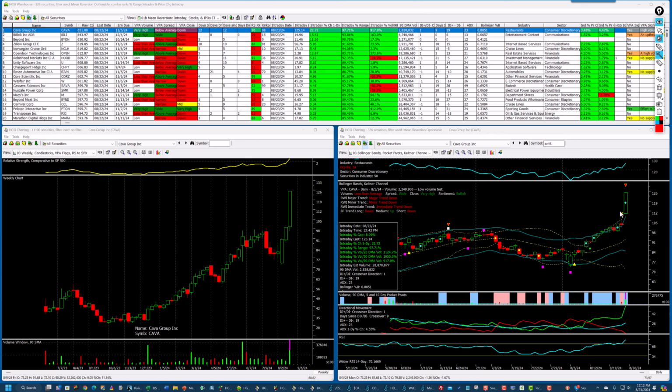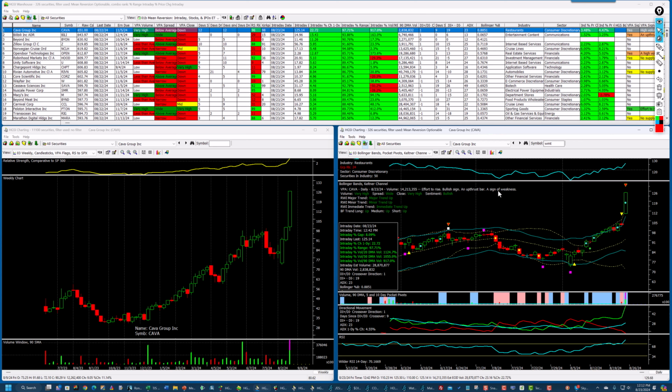Now, of course, it's extremely overbought, and this stock could go into a watch list for a potential trade to the downside because we're getting a bearish flag here. I have to take control of the cursor again, and you can see there is an effort to rise, but we're getting contradictory signals.